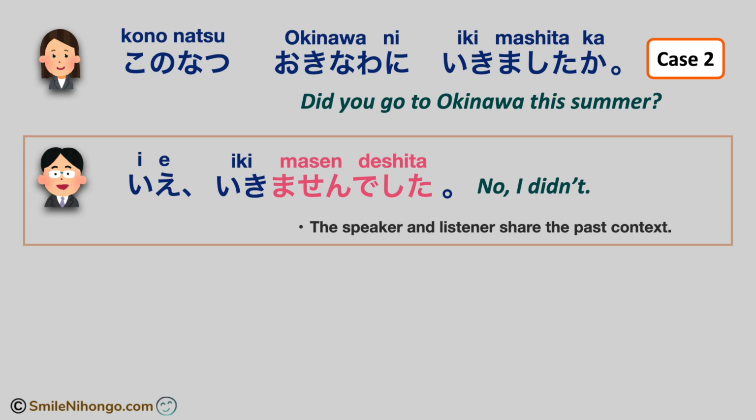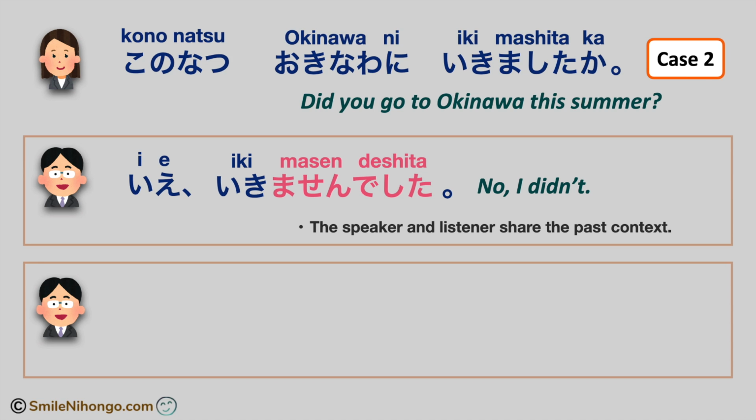When the speaker and the listener share the past context, ませんでした tends to be used for the negative response. Now, let's say he goes to Okinawa every summer, but he doesn't know that she knows about it. Or he doesn't go to Okinawa every summer.